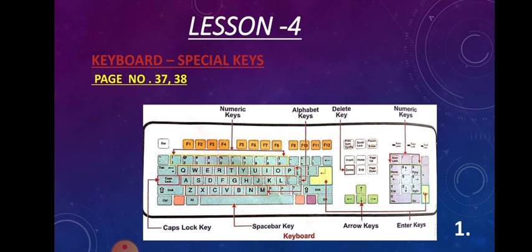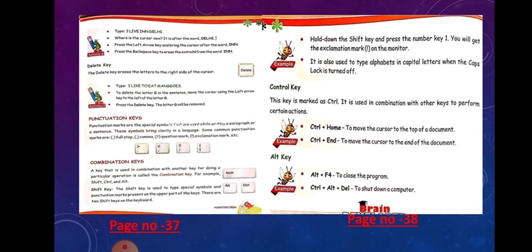I have explained the caps lock key, enter key, and arrow key, and now today I am going to start page number 37 and 38 of lesson 4. So open page number 37 and 38 for that.